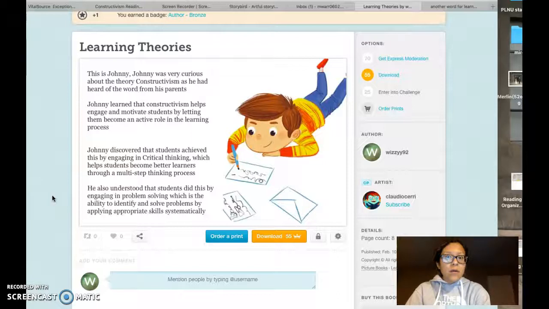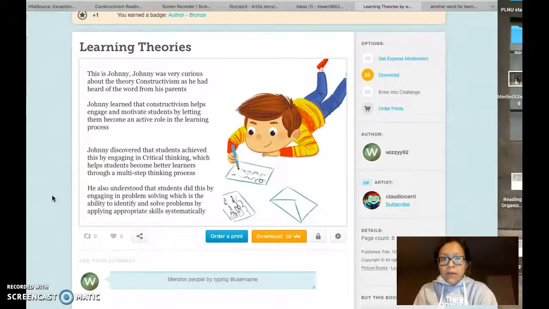So here we have the first three key points, the red points, for constructivism. Just a little overview: constructivism is a theory that believes that learning is created from meaningful experiences.